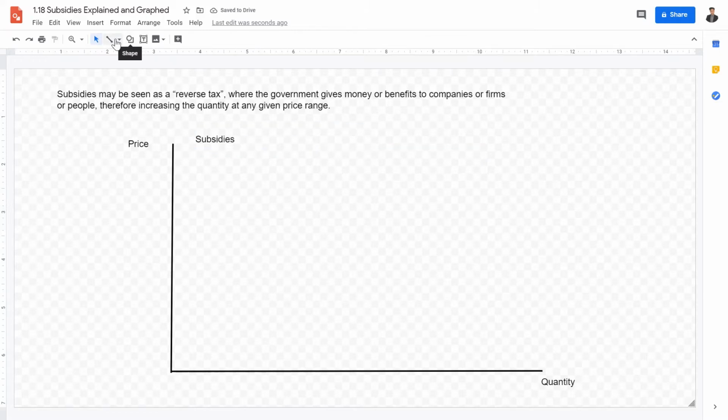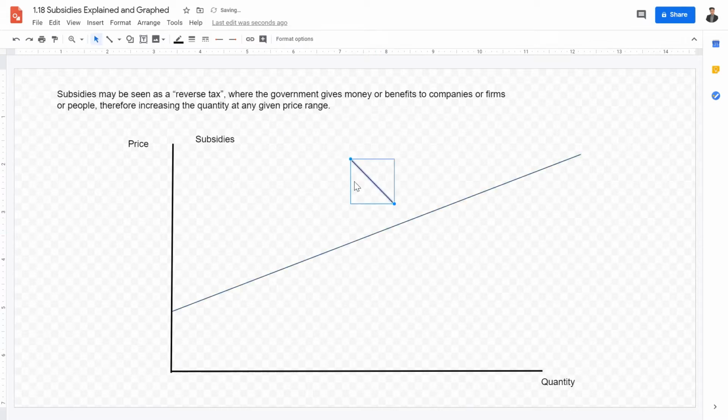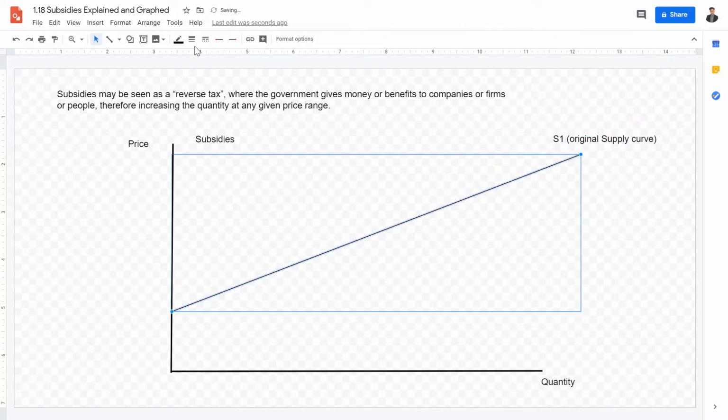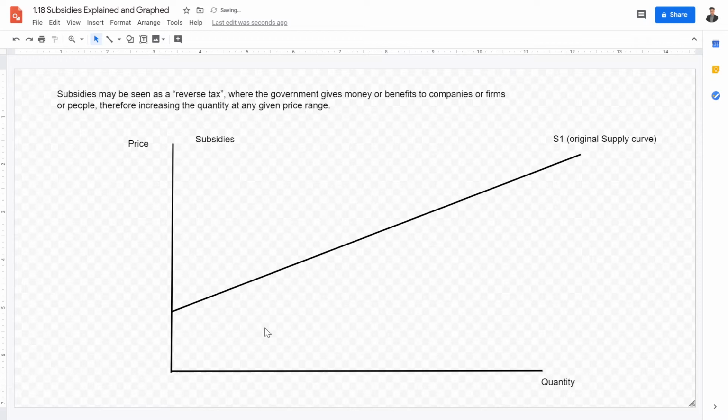First things first, we have to draw the original supply curve. We're going to call this S1. This is the original supply curve. It looks like this. Let's make it a little bit thicker.